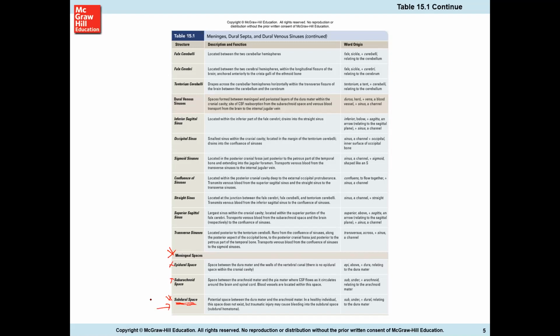But veins work under low pressure. They don't spill blood out so quick. So that bleed can continue for a week, 2 weeks, 3 weeks, and then the hematoma can become 3 centimeters or 4 centimeters, 5 centimeters. And that could really take up space in your head and affect your brain tissue. So that's why we're interested in these subdural spaces.